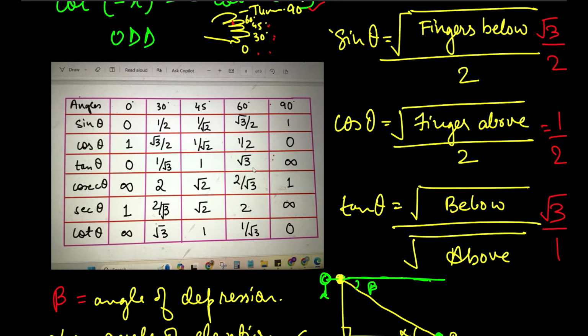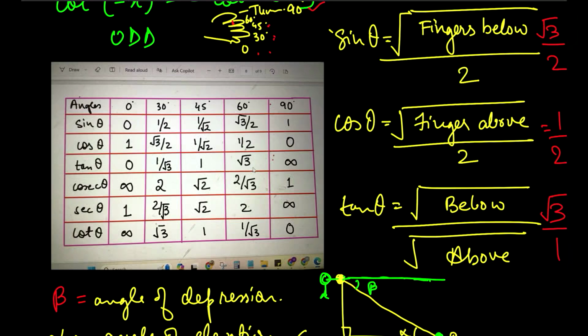Once you do it like this, the formula on your screen will help you to get the value of any particular major angle. Let's say if someone asks you the value of sin 60 degree and you don't remember the value, then use this theorem. What you have to do is you have to check how many fingers are below 60 degree. अब जैसे कि मैंने आपको बोला था 60 degree will actually be your index finger.